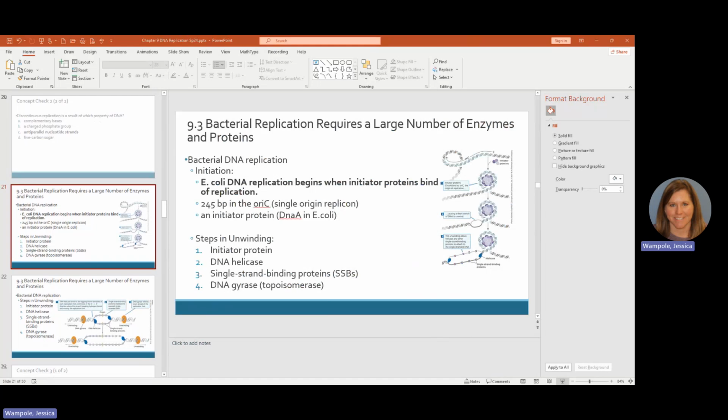If we were to just force open this replication fork, we could actually cause breaking on either side, because as you pull open the replication bubble, you're going to force the molecule to tighten its twist on either side.